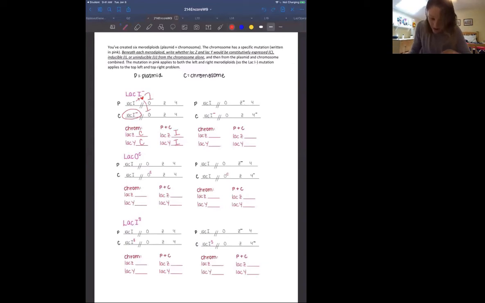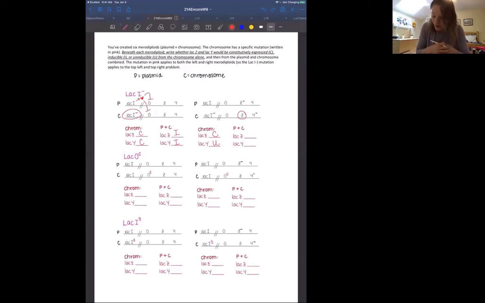Okay, so then on our other variant where Z is broken and Y is broken, for the chromosome alone, we'll get constitutive expression of Z just like we did in our first example. But because Y is knocked out, Y will be uninducible. There is no Y coming from that chromosome because Y on that chromosome is deleted.